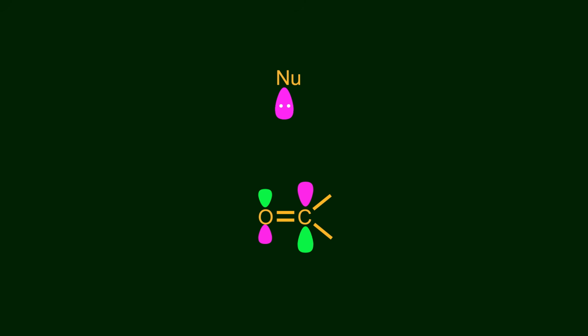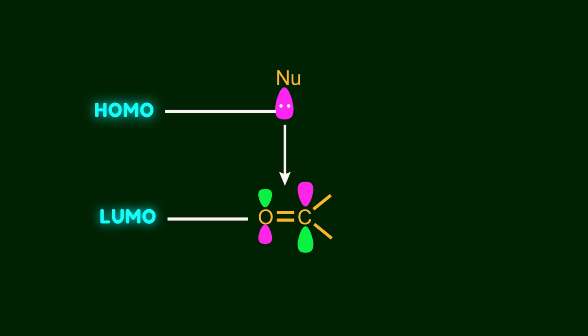In nucleophilic addition, the HOMO orbital of the nucleophile, which is full of electrons, interacts with the empty LUMO orbital of the carbonyl group. In other words, the nucleophile is a donor group and the carbonyl group is an acceptor. Electrons move from the nucleophile into the carbonyl group. Actually, it's a HOMO-LUMO interaction.